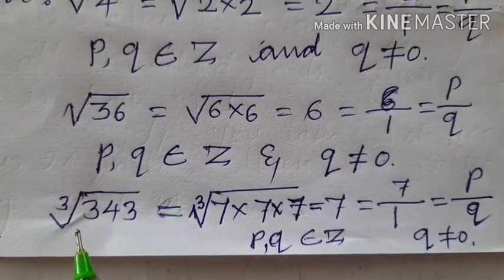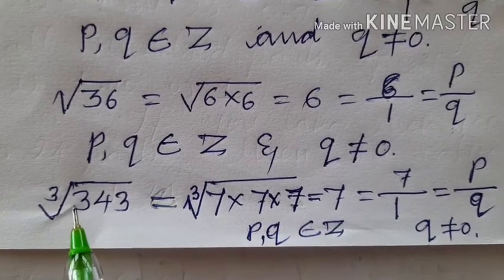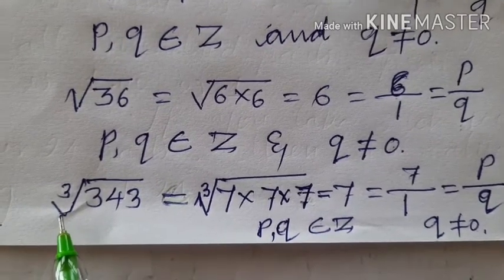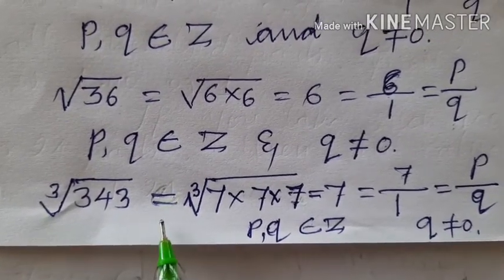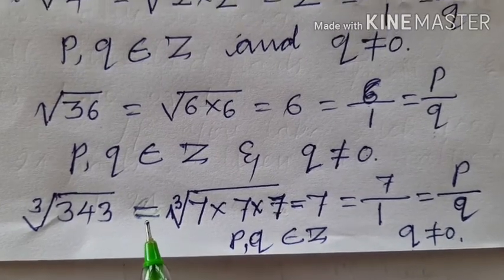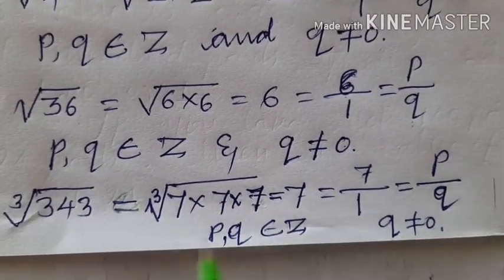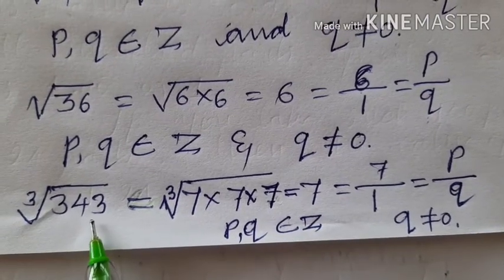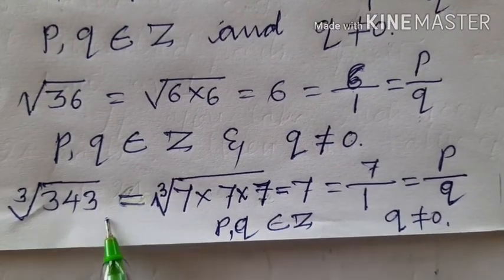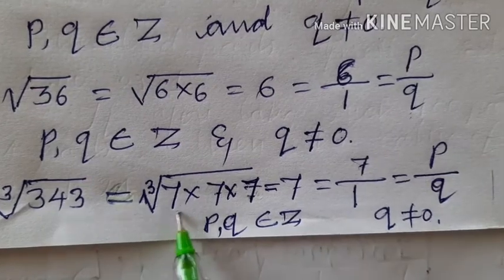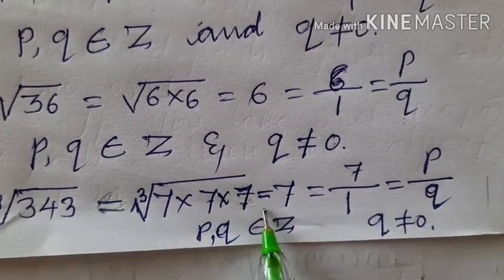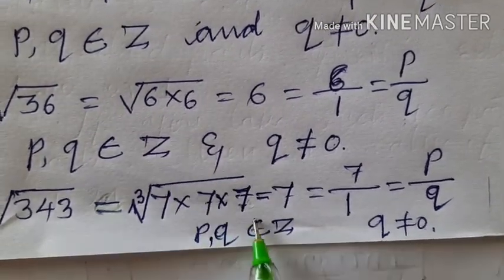Now let us look at one more example, children. Here it is, cube root of 343 is equal to cube root of 7 into 7 into 7. Here 343 is a perfect cube because it can be expressed as the product of 3 equal factors, 7 into 7 into 7.